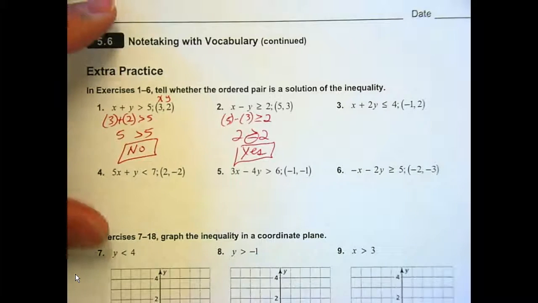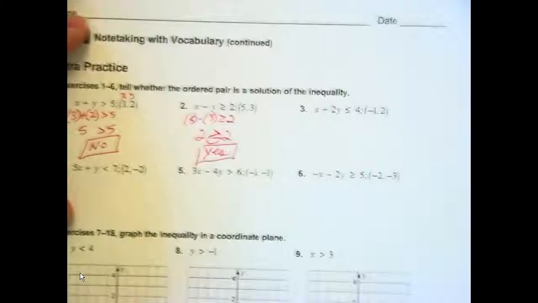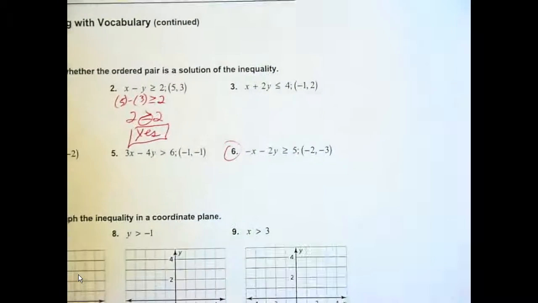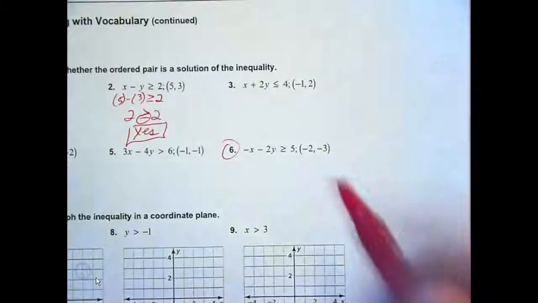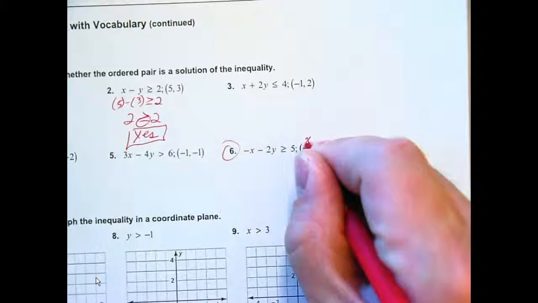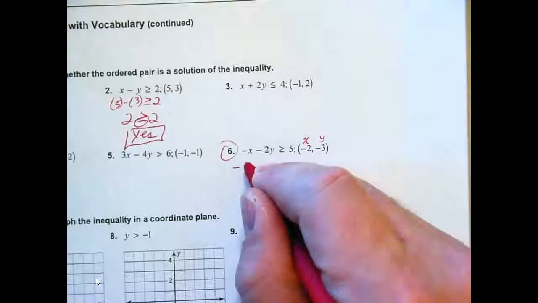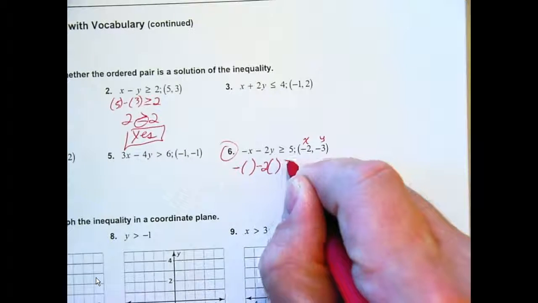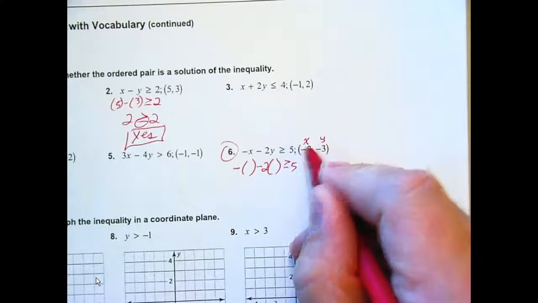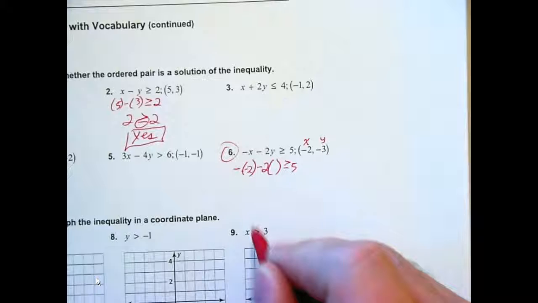Go to number 6. Number 6 has some amazing negative symbols. Give number 6 a go. When you're doing number 6, make sure as you substitute these in, that's a negative x minus 2 and then y greater than or equal to 5. So when I put in x, I'm just plugging it in only for the x. That gives me a negative 2.